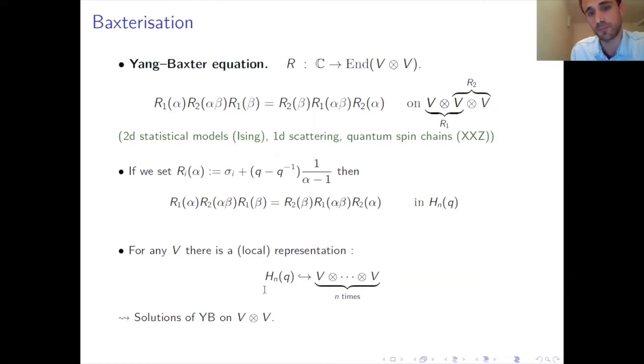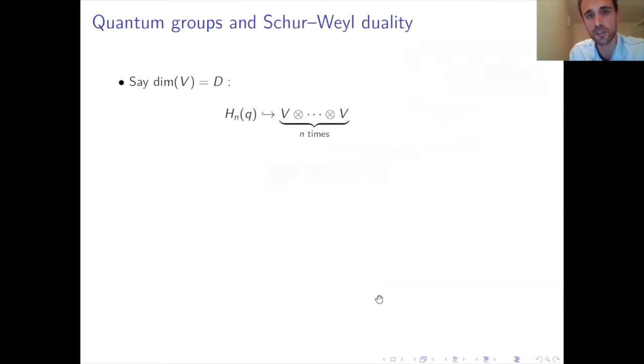Okay, so the point here is that, well, first there is a simple formula like this, and then we have to appeal to representation theory to actually build solutions. And the existence of this representation of the Hecke algebra actually comes from a very deep theorem in representation theory. This is the Schur-Weyl.